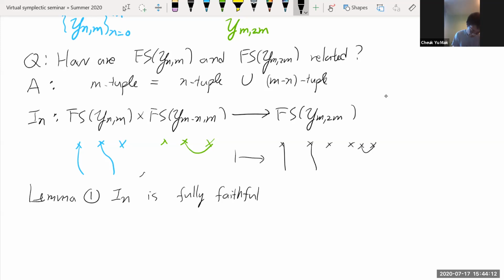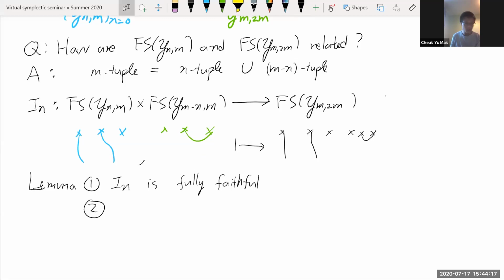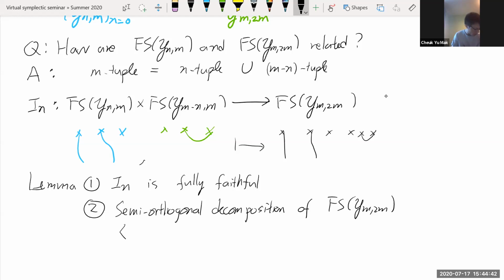But there's another thing which is also nice, also not very deep, but maybe a little bit harder to see, that we actually have a semi-orthogonal decomposition of the Fukaya-Seidel category of Y_{m to m}, with the pieces being the essential image of this embedding.